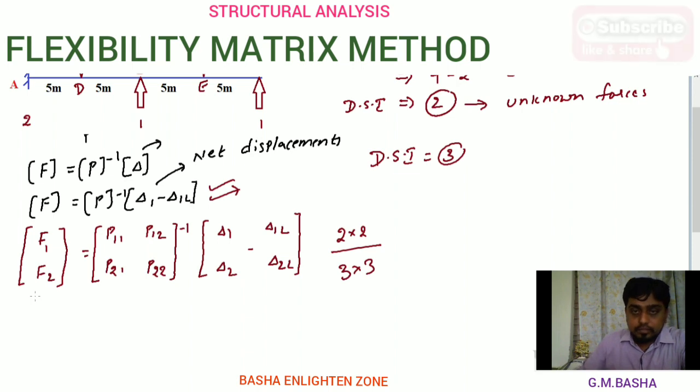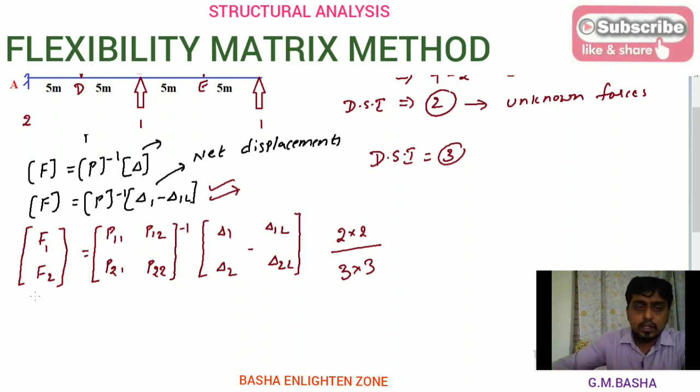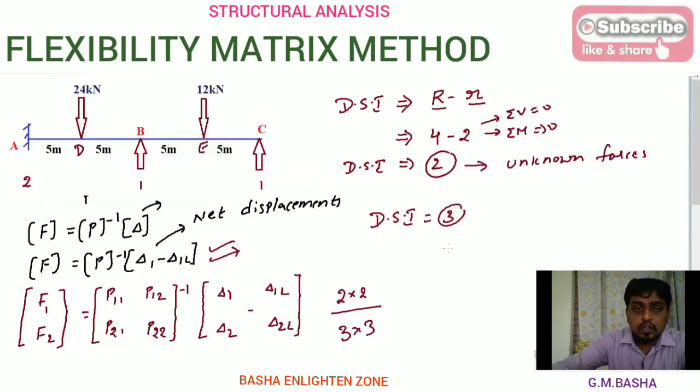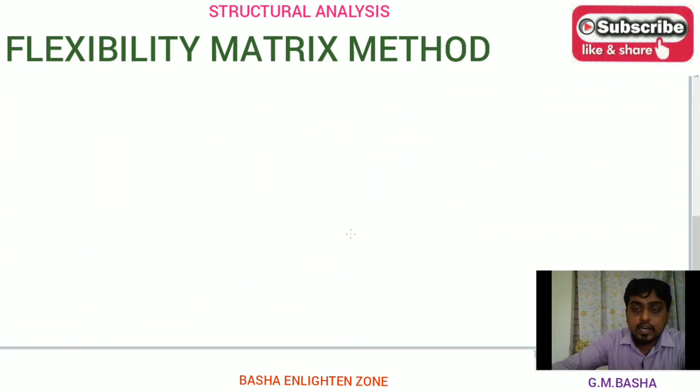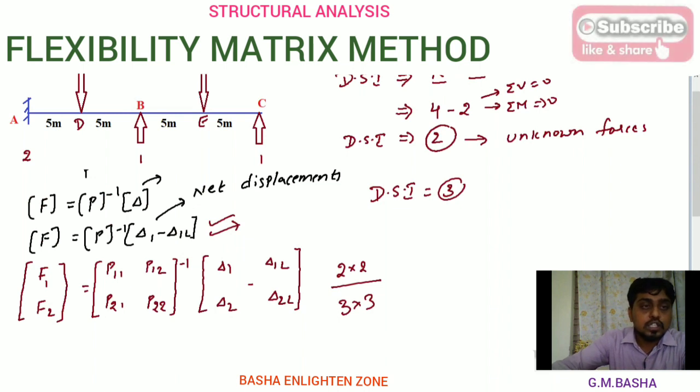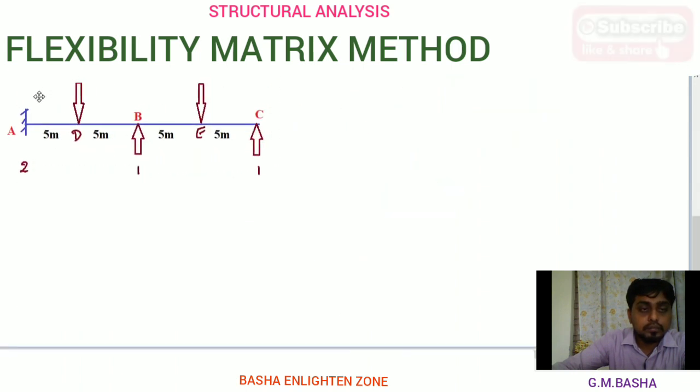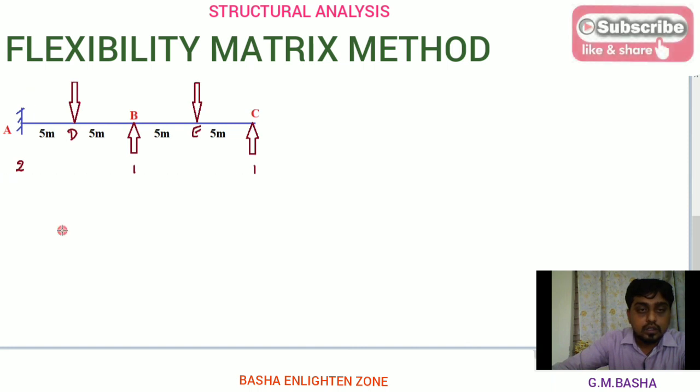So I will continue this problem. This is your general equation. After that, I am going to select the coordinate positions. So this is your beam, a general beam. For this one, I am selecting the coordinate positions.